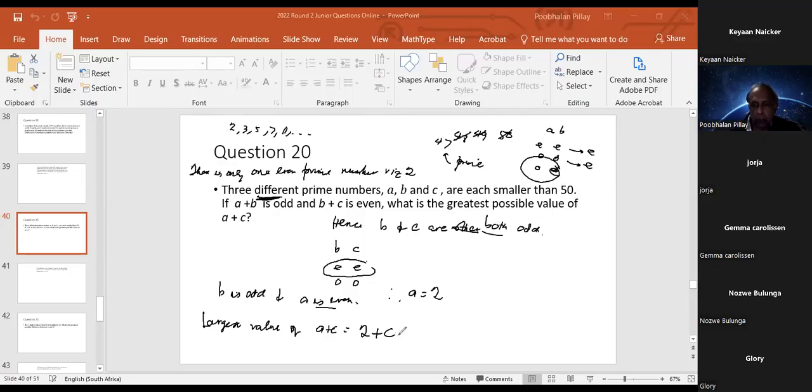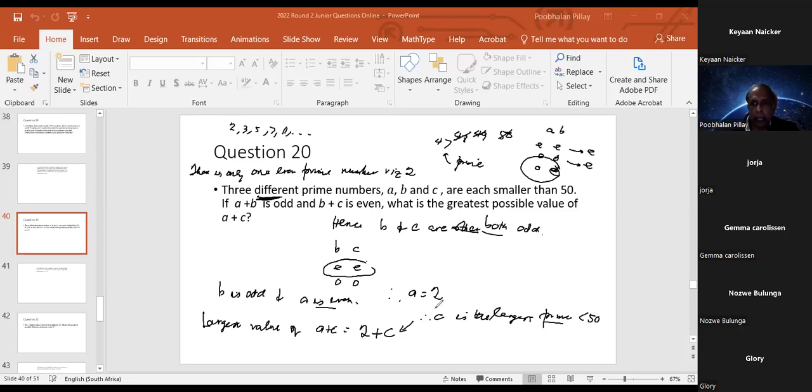So to find the largest value of A plus C, C will have to be the largest prime less than 50. You want it to be as large as possible. Largest prime number less than 50.